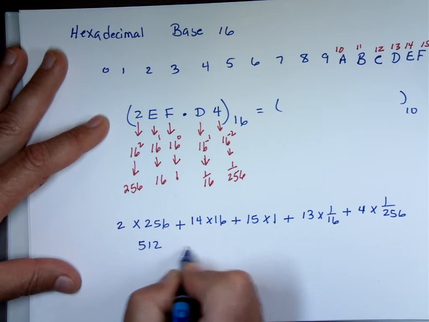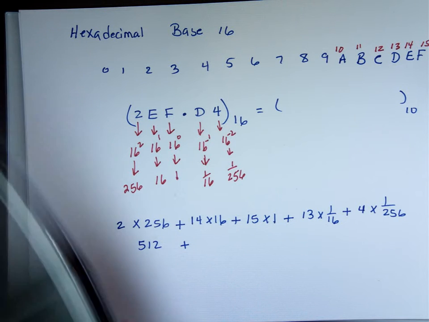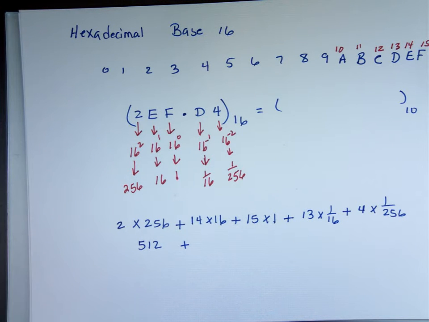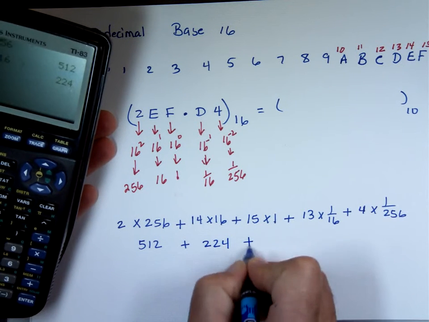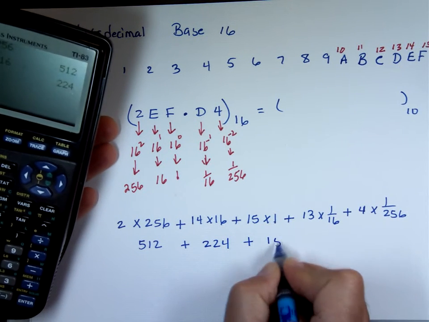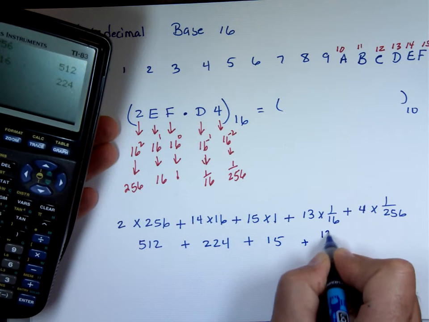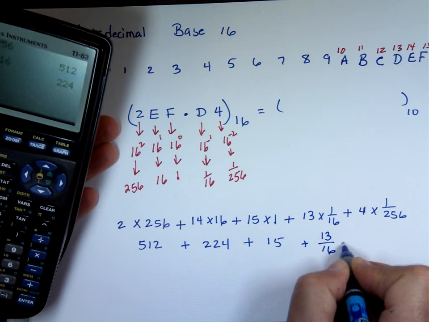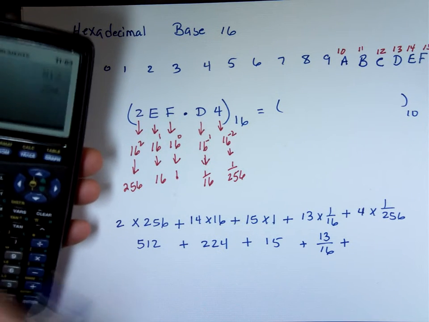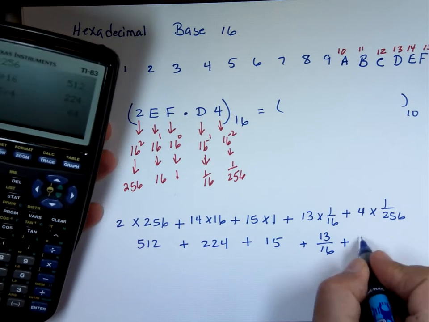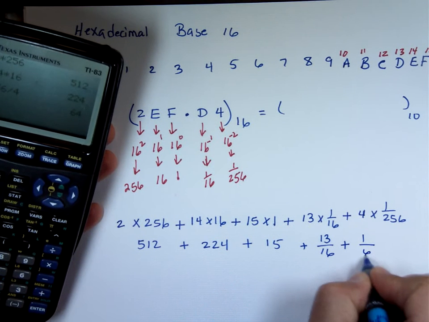512 plus 14 times the 16, 224. 15 times 1 is 15. That's 13 over 16. And 4 over 256, when you simplify it, is 1 over 64.